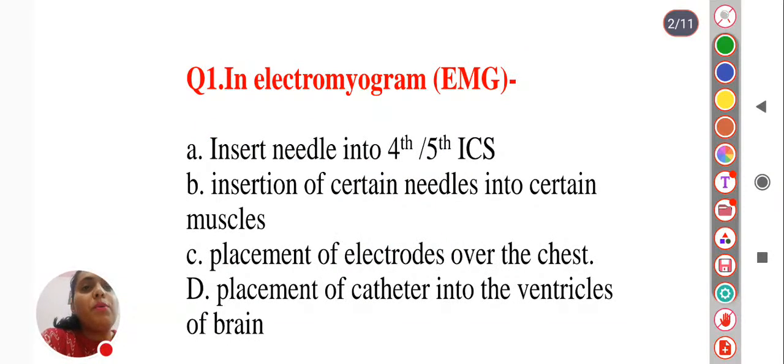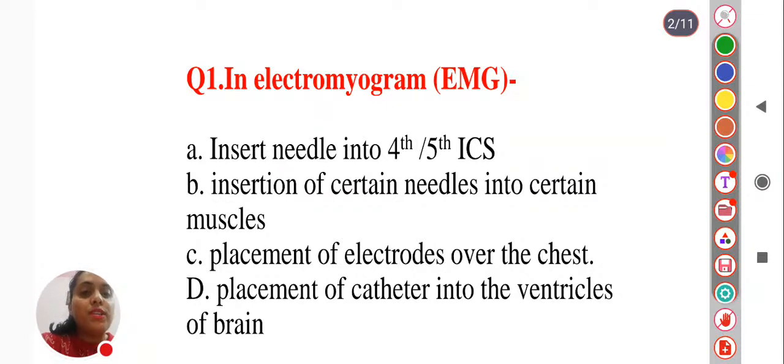So question number 1 is, in electromyogram, that is EMG, what we do? First option is insert needle into fourth or fifth intercostal space. Second is insertion of certain needles into certain muscles. Third is placement of electrodes over the chest.